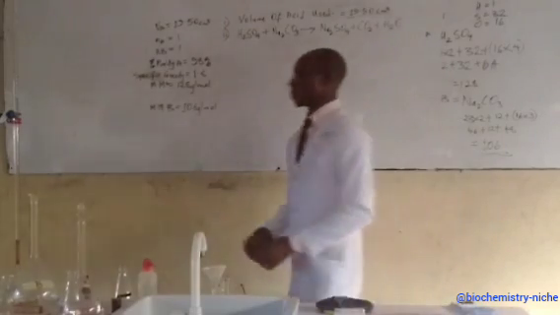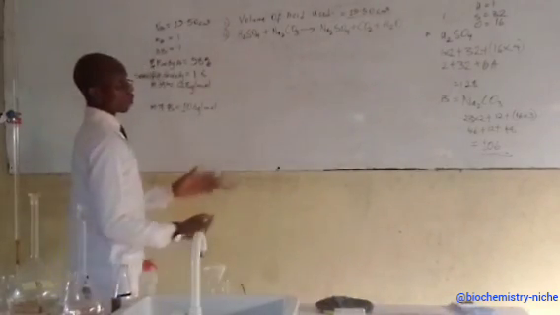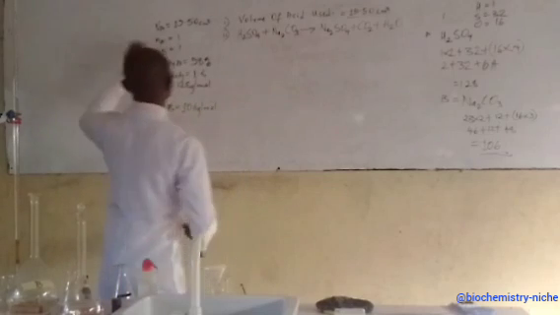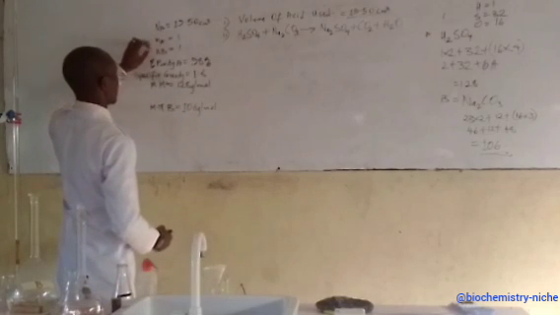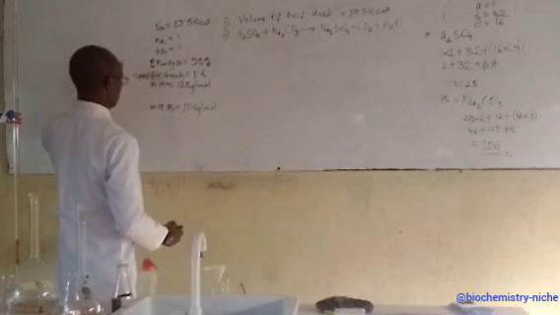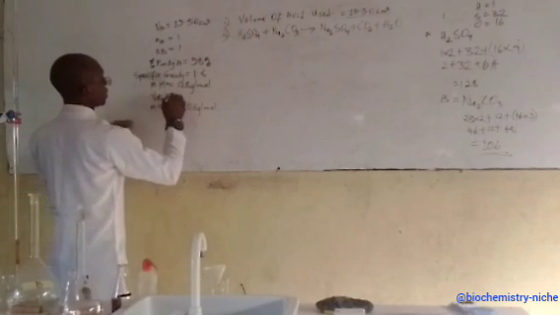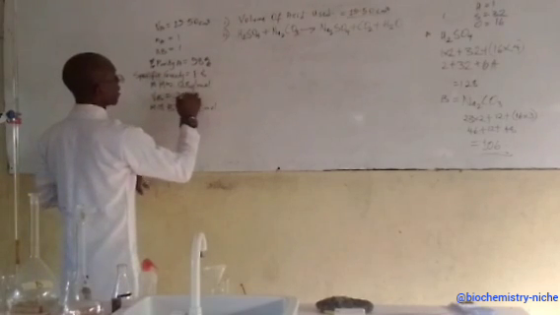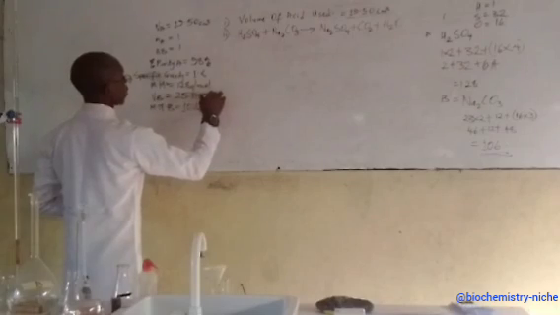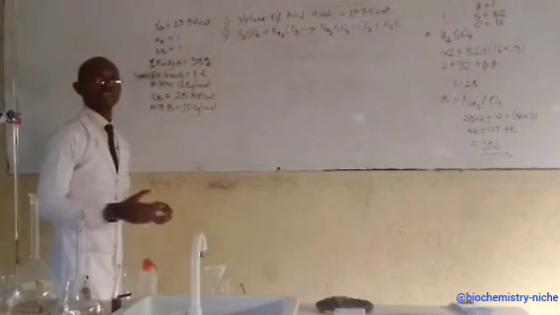Now, let us look at this. From the questions we have VA, we have NaNB, we have the molar mass, then we have VB too. VB is 25 centimeter cube, because that's the size of the pipette that we used.